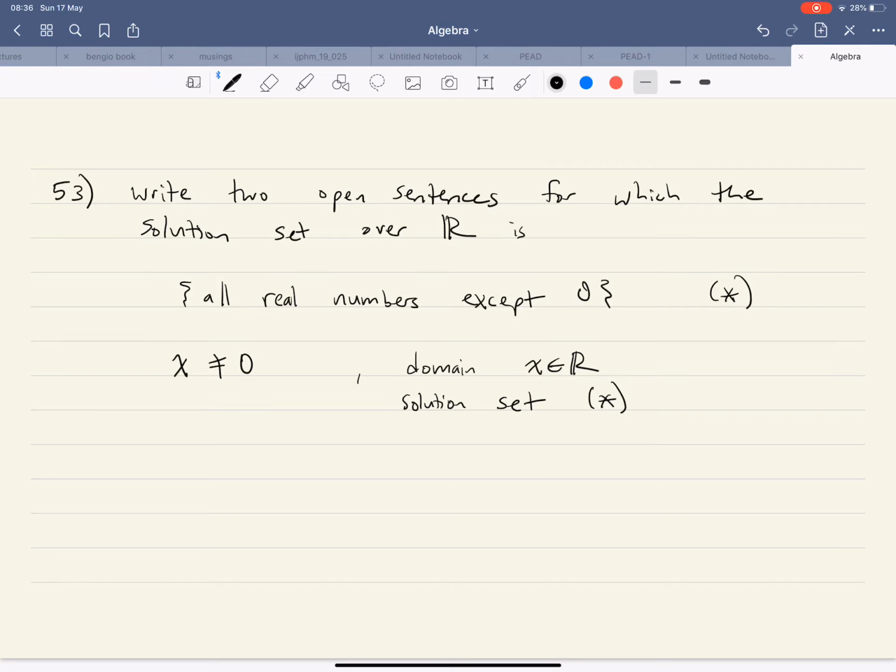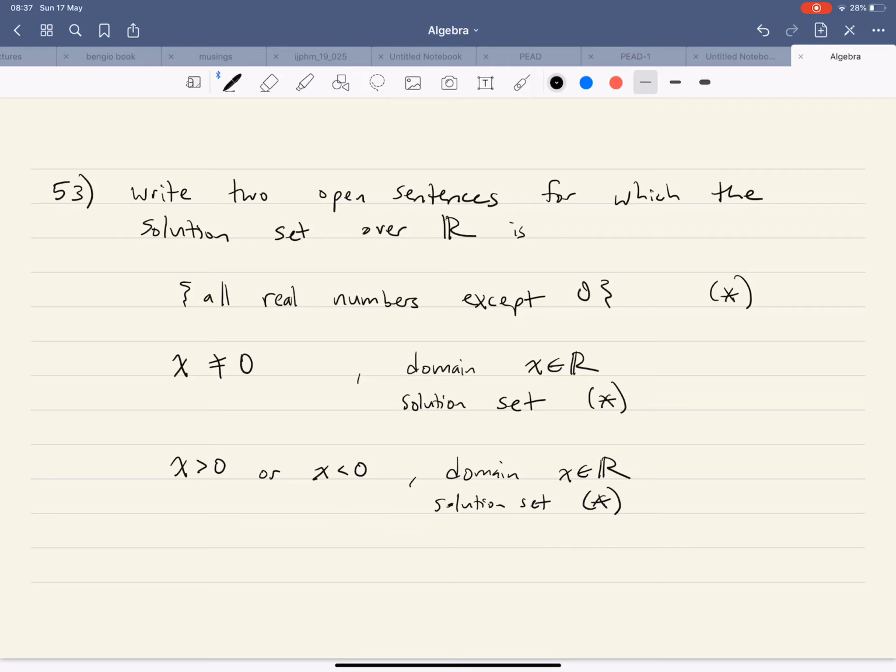It's that star. Another open sentence might be x is greater than 0 or x is less than 0, right? For x a real number, I still get the same solution set that I was looking for.